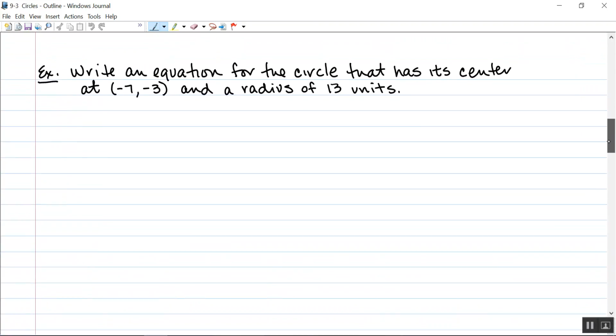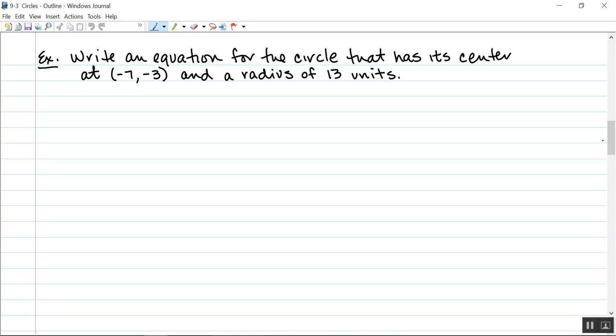So let's take a look at several examples here. Write an equation for the circle that has a center at (-7, -3) and has a radius of 13 units. For this one, I'm going to go ahead and write the formula out so you're familiar with it. You probably should memorize this. It's not too difficult. Since my center is (-7, -3), my h is -7, my k is -3, and my radius is 13.